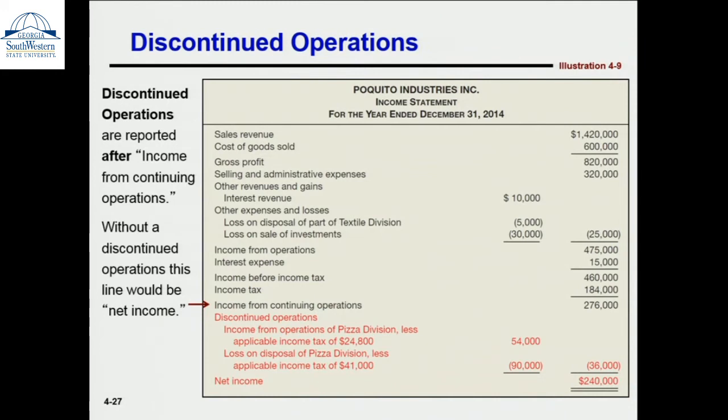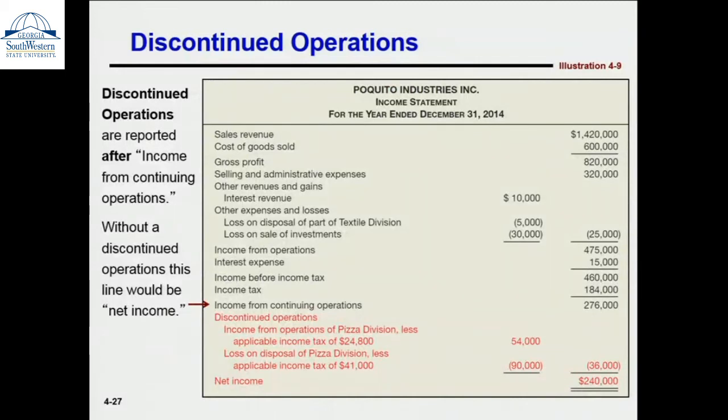Okay, now we're going to do something a little bit different. Let's just say the net of tax number was a loss. Let's just say they lost money on this division last year, which is normal, right? Usually you get rid of these lost divisions.